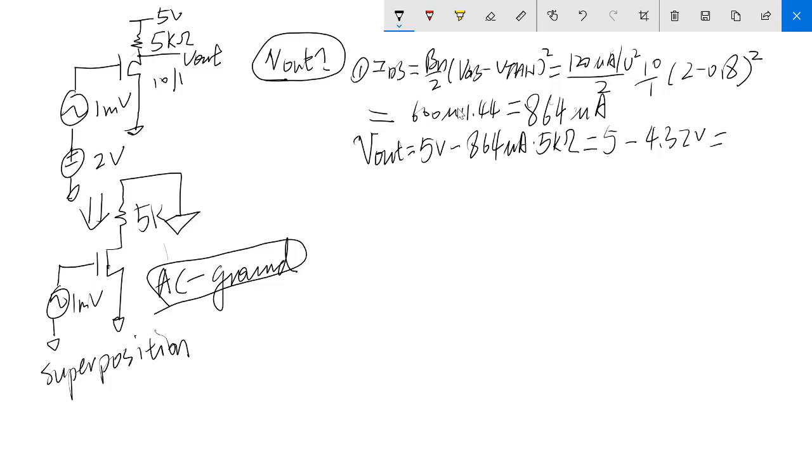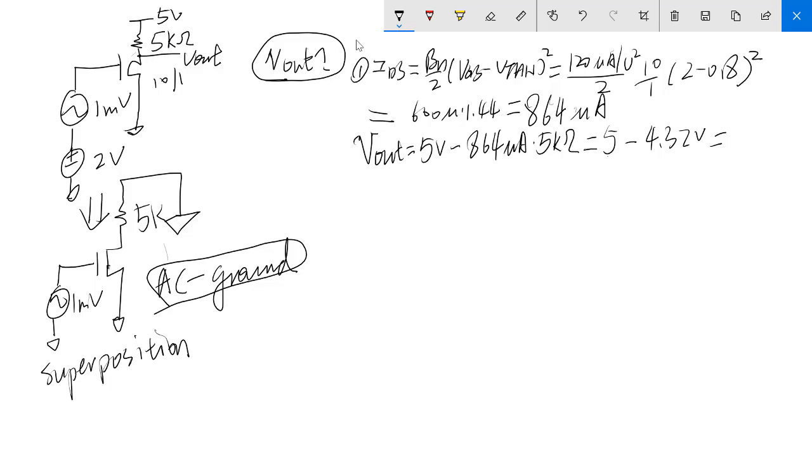So that's a problem. That's too much current flowing through it. The way to correct this is you can make the resistor smaller. So let's do it.